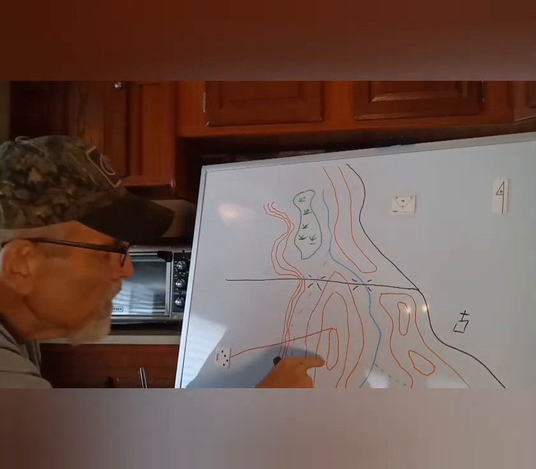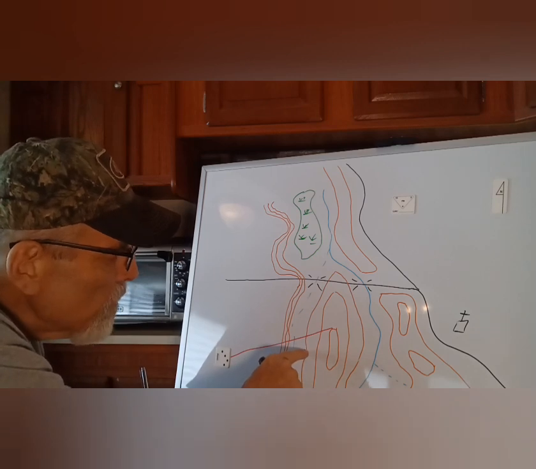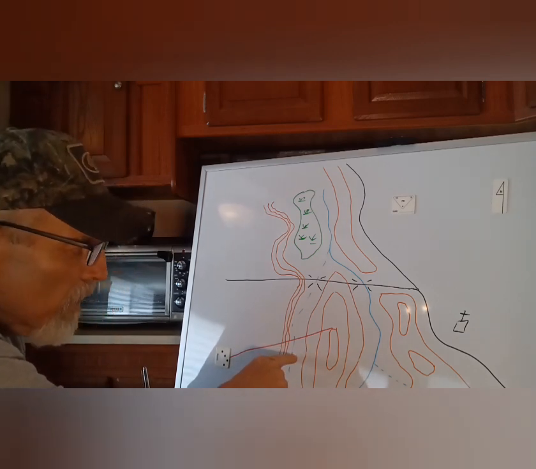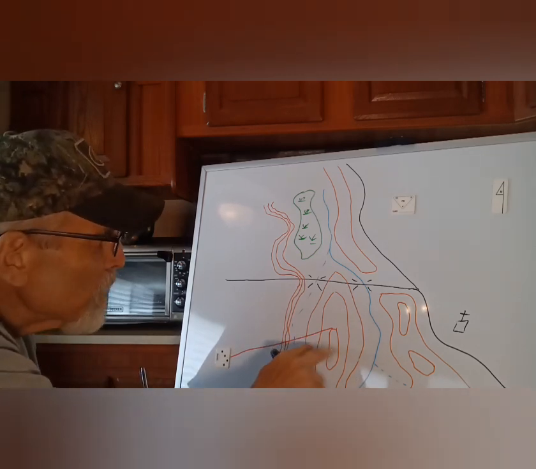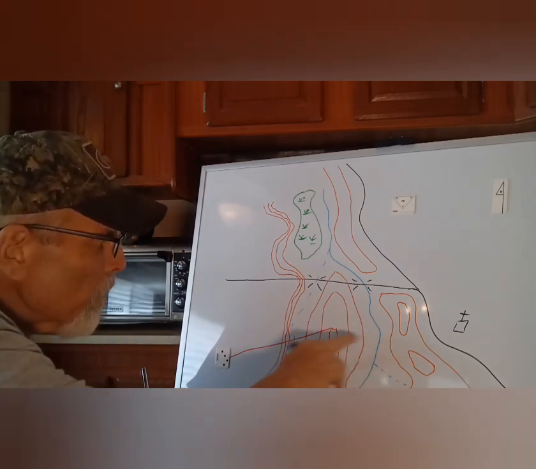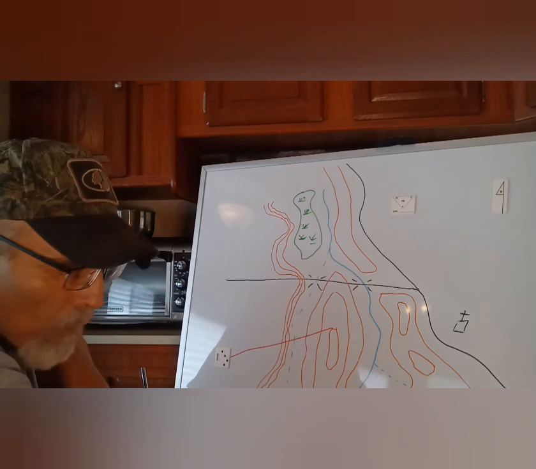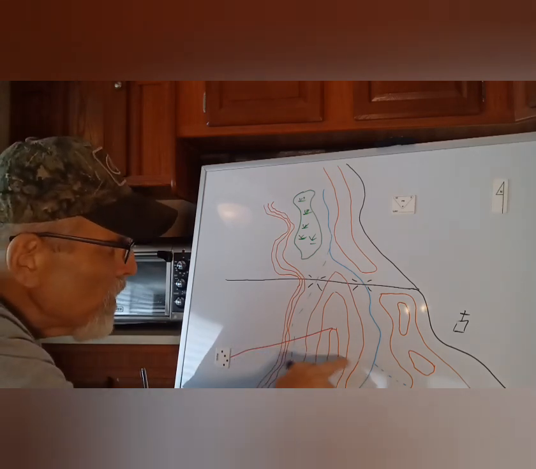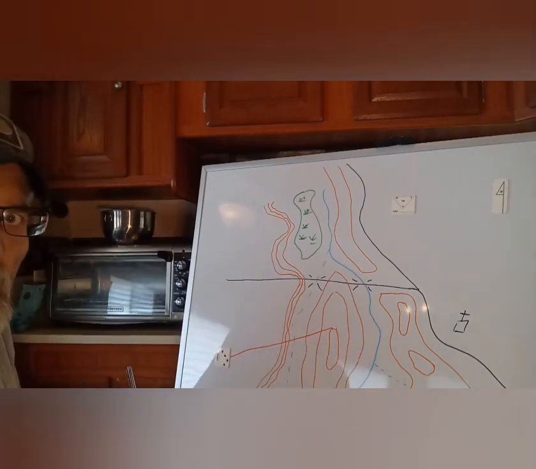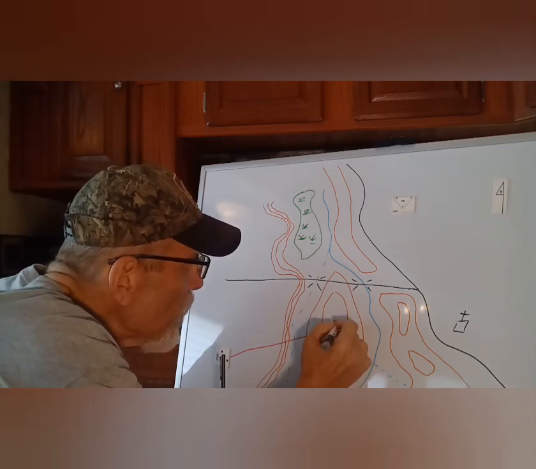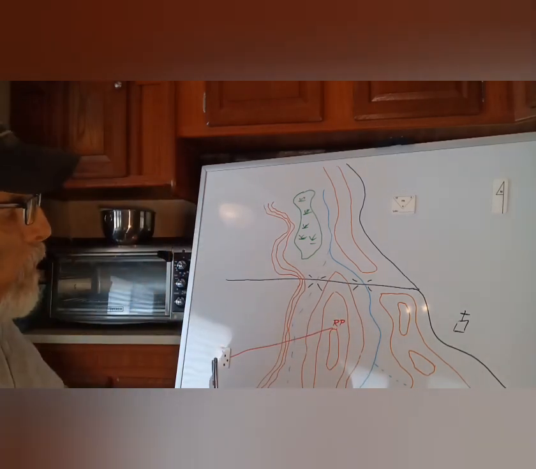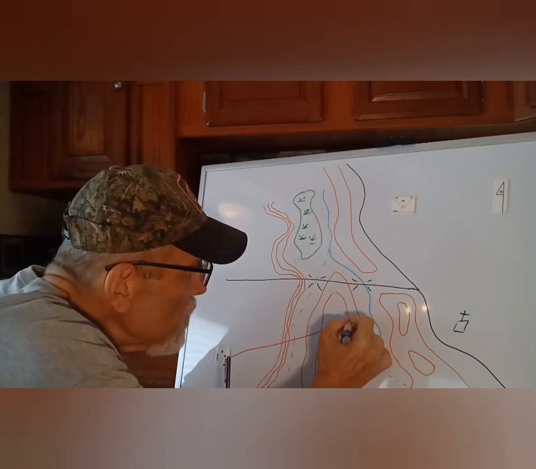So your contour lines: let's just say this is sea level, 20 foot, 40 foot, 60 foot. That's the highest point on our route between this branch and this creek. Okay? So this is our RV, or our rally point. So we're just going to call it a rally point. Rally point number 1.